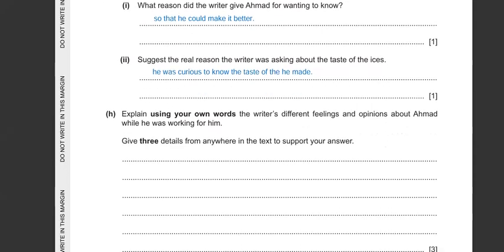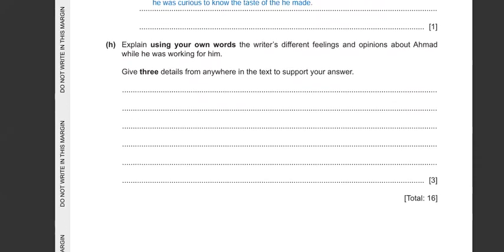Now, the last part of our question number one is basically a textual evidence based question, and it is based on feeling. For this part of the question, usually the examiner asks you to go back to the text and, from anywhere in the entire text, pick up three particular feelings that the writer has, right? The question says to explain using your own words the writer's different feelings and opinions about Ahmed while he was working with him.